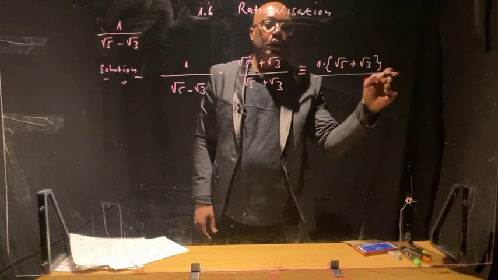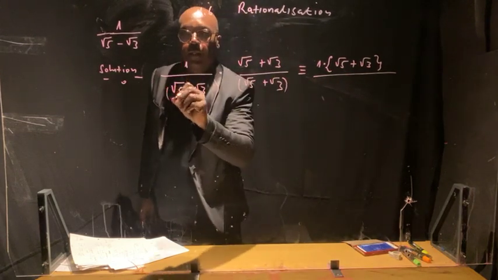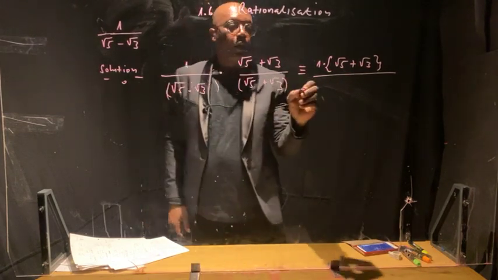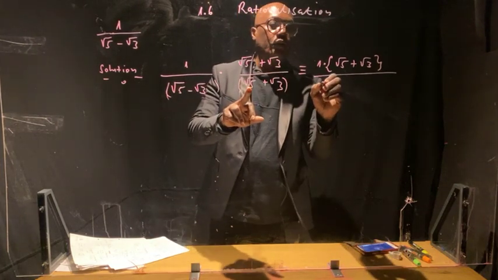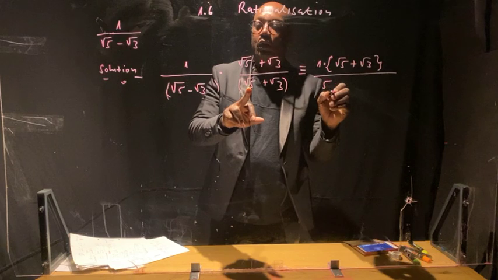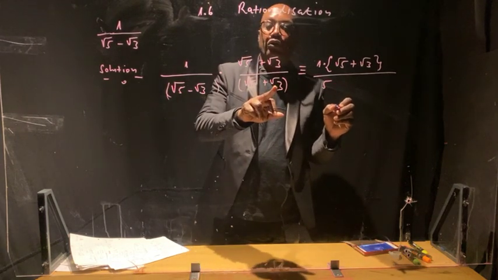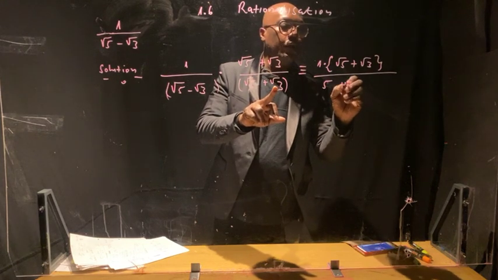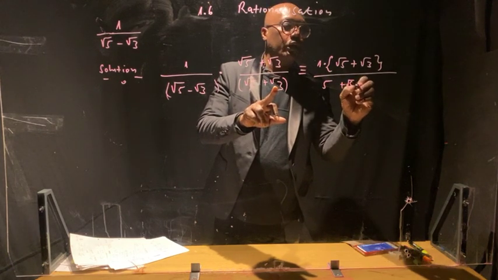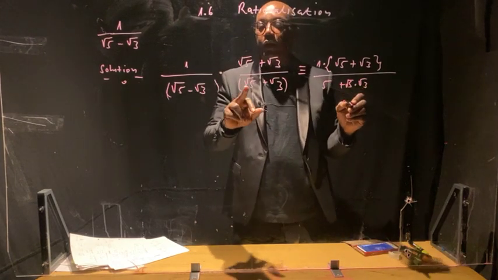root 5 multiplied to root 5 is equals to 5. Root 5 multiplied to root 3 is equals to root 5 times root 3. Then you come here.